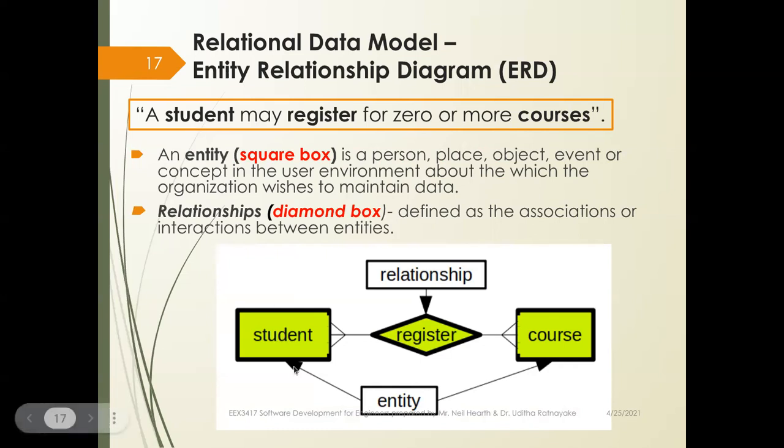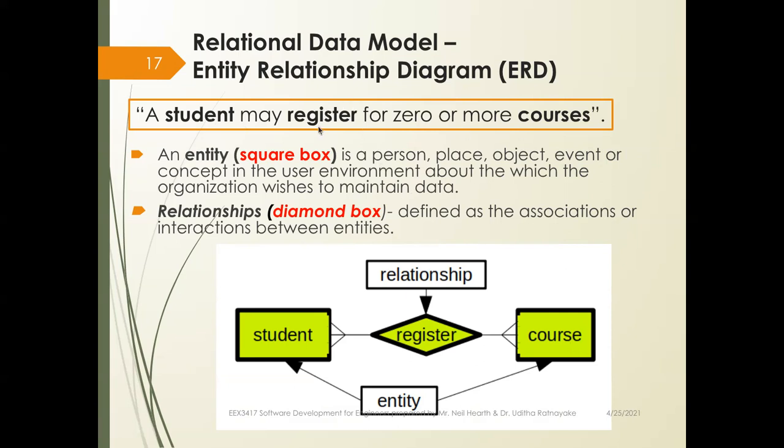Okay, you can see this in this relationship. This is a relationship diagram. Now these nouns become entities. Here these are entities, rectangle boxes, not square boxes. Rectangle boxes indicate the nouns here, student and courses.